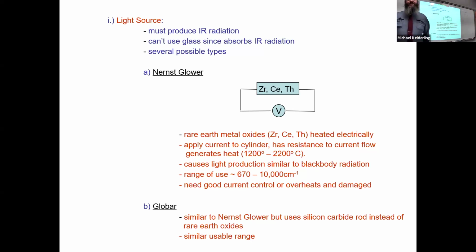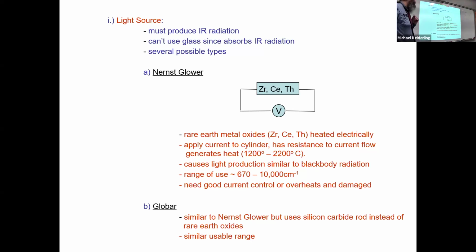It's basically black body radiation. And you can use a Nernst glower between about 670 to 10,000 inverse centimeters. You need good current control or it overheats and gets damaged. But good current control is not that hard to do. Lots of things need good current control. It's a solved problem.